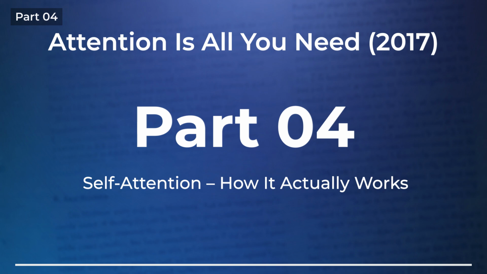This makes long-range relationships much easier to learn. Remember in Part 2, we talked about how RNNs had to pass information word by word, and by the time you got to word 50, the connection back to word 1 was very weak. Attention solves that. Word 50 can look directly at word 1.